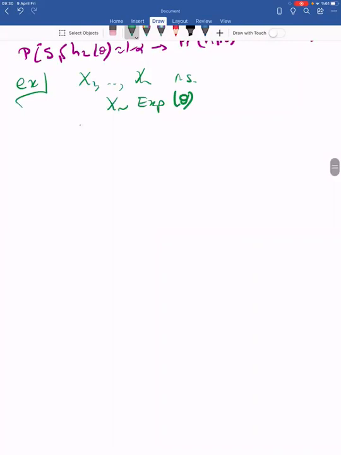Let's say X bar is our MLE and minimum variance unbiased estimator of theta. It's also a sufficient statistic here. Actually the summation of Xi is a sufficient statistic, but you can also use this. It is also the minimum variance unbiased estimator of theta, so it's a good estimator to start with.